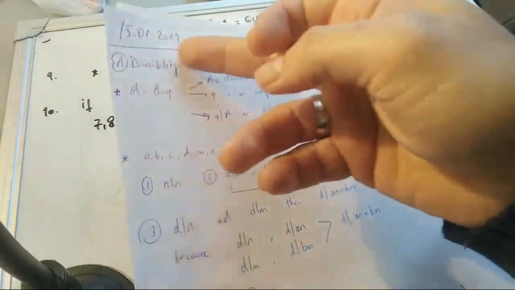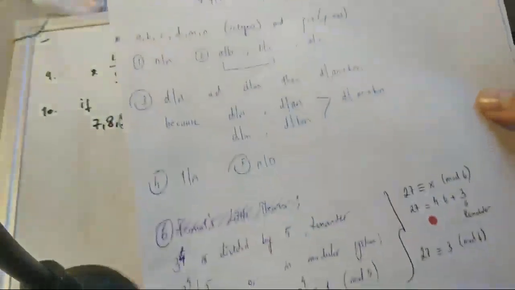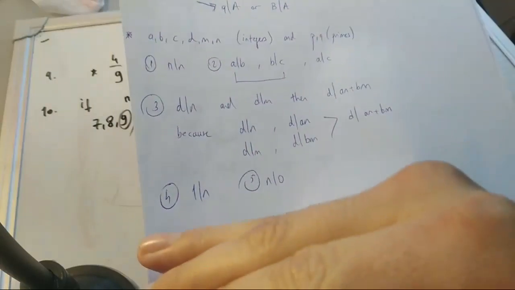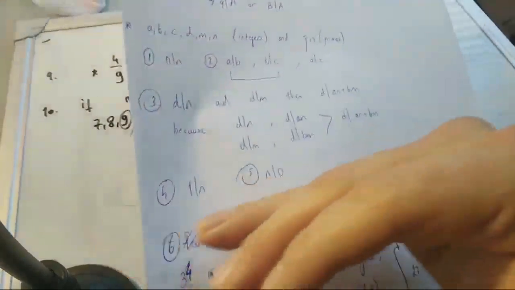From here, from A, divisibility, till Fermat's little theorem. So 1, 2, 3, 4, and 5.